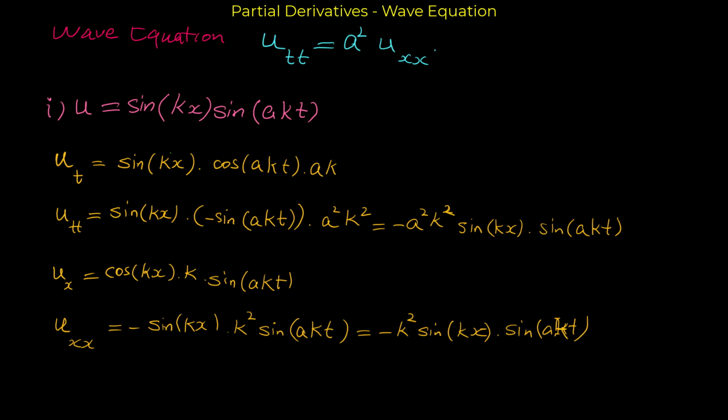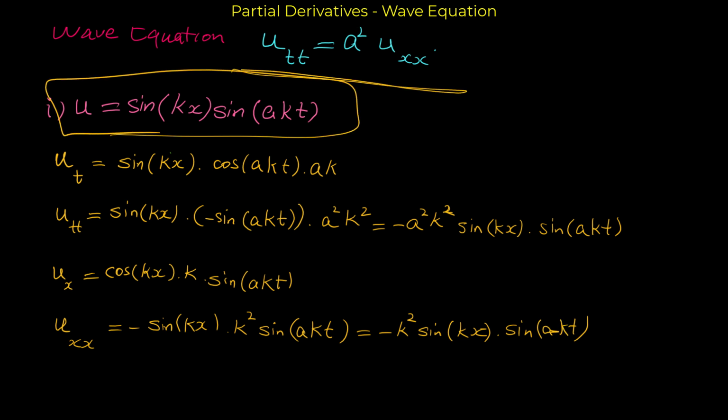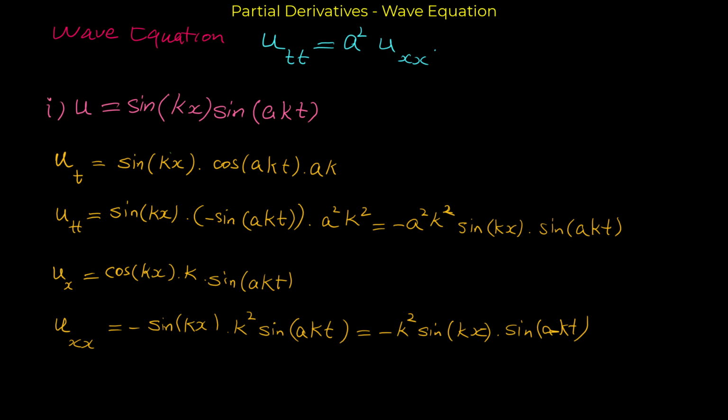At this point, it should be clear why we say that this function is a solution for this equation. Because if you pay attention, utt, the second partial derivative of u with respect to t, is this.